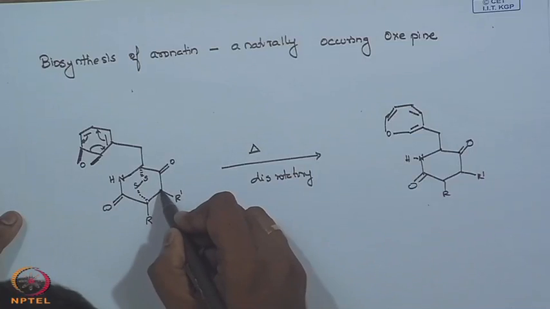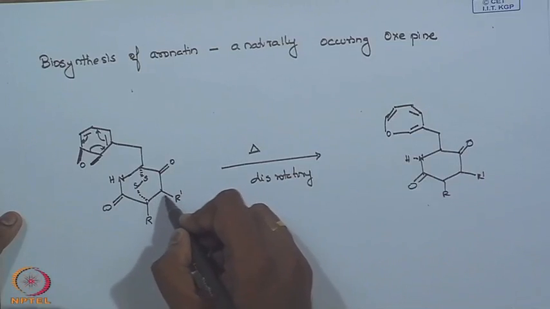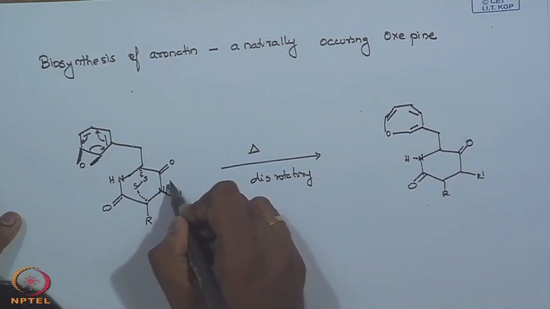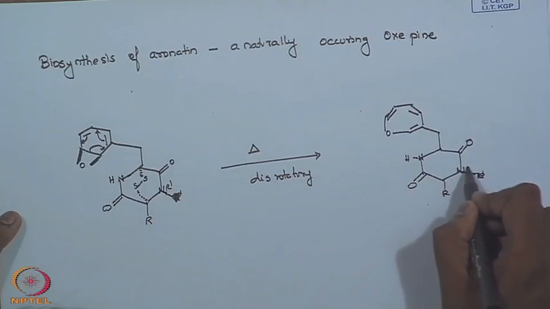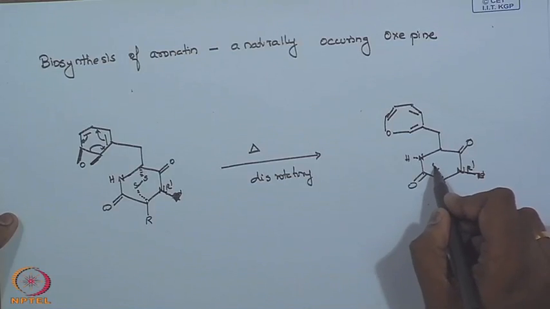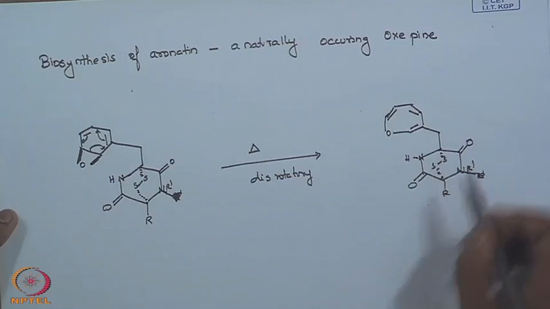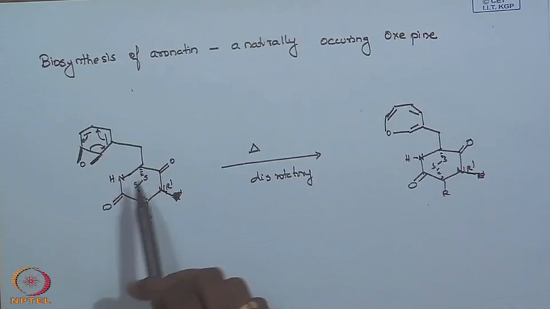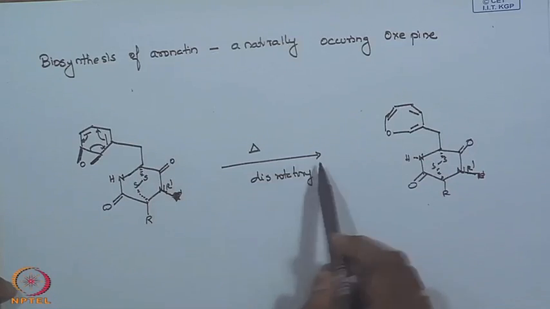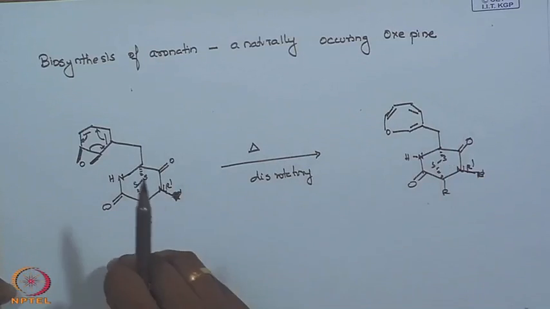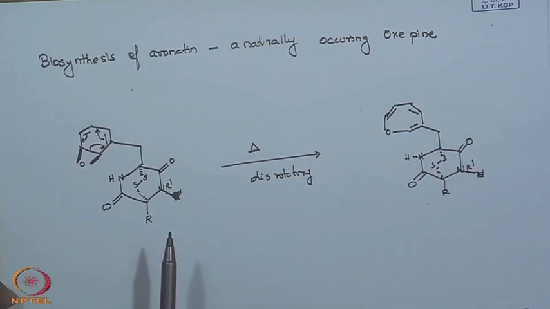This should be NR prime. This doesn't matter for you much, but the idea is that it undergoes a nice electrocyclic ring opening on heating, disrotatory. It's one of the important steps in the biosynthesis of aranotin.